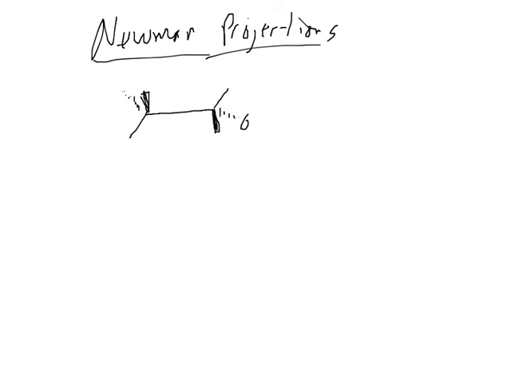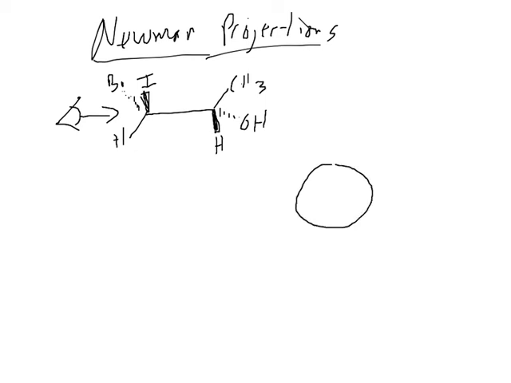You'll see something like this, with maybe H here, CH3 here, say an iodine, a bromine, and another H. What we'll want to do is basically take your eyeball and pretend you're looking down this. So to do that, we draw a circle.